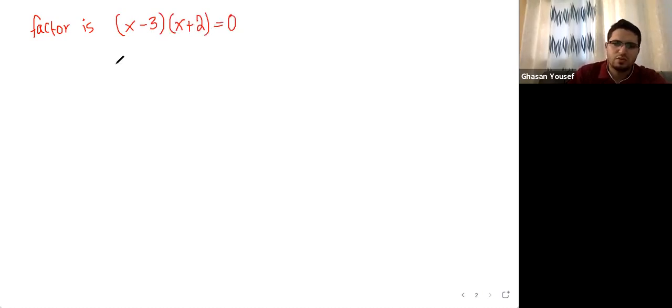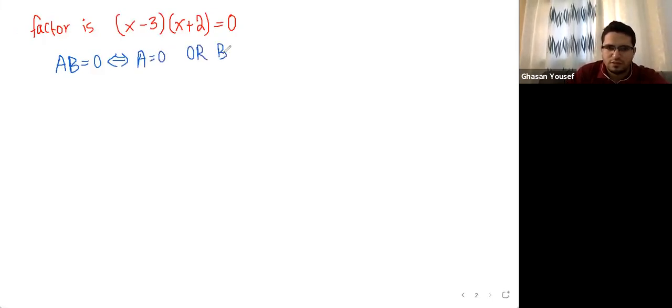Now I'm going to use the zero product property. The zero product property, like we used it last time, says if I have a times b equals 0, then a equals 0 or b equals 0. So I'm going to use this property to solve this equation.